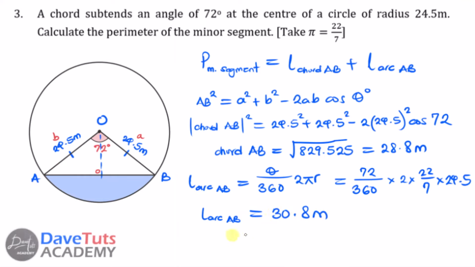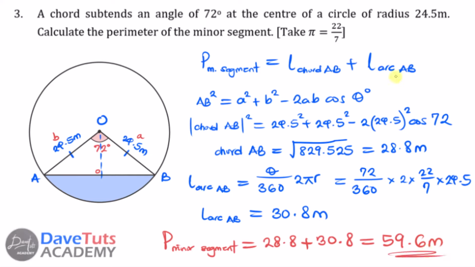So this is 30.8 meters, such that, like we were looking at originally, the perimeter of the minor segment is going to be the length of chord AB that we got as 28.8 plus the length of the arc AB that we got as 30.8, and that's going to be 59.6 meters.